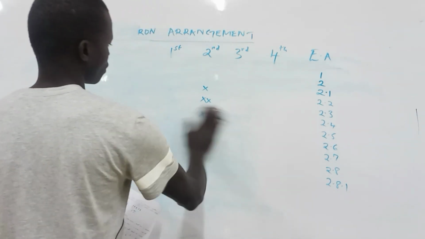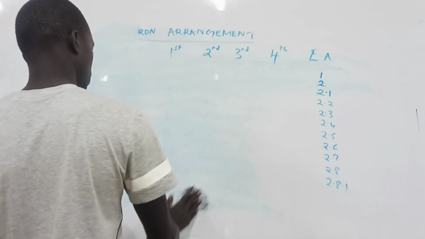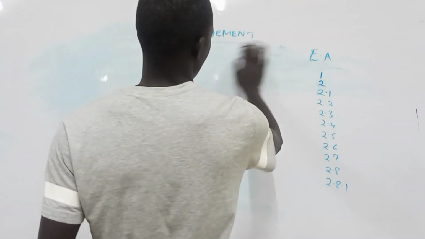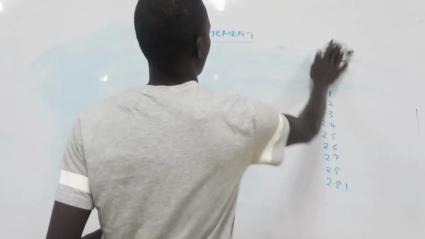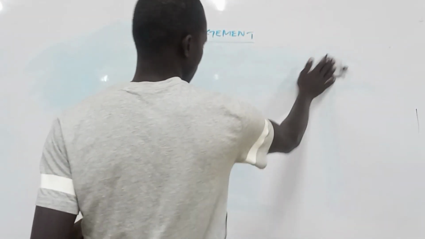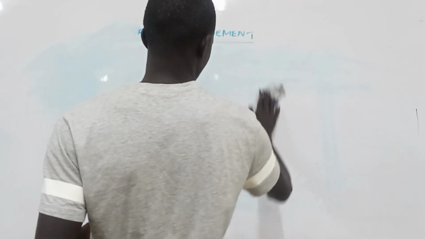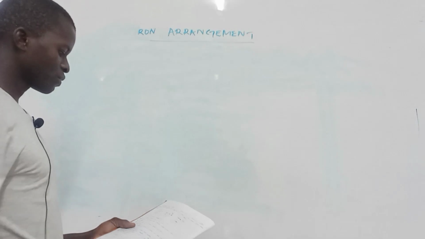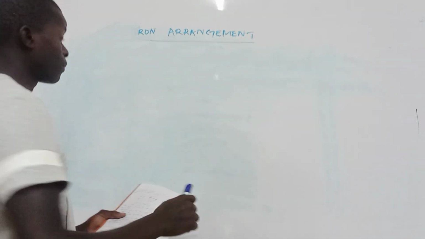Now, after having known how to come up with the electron arrangement of any given element, while drawing the structure at this moment, we indicate the electron arrangement or the electron configuration for the given atom that we are drawing.